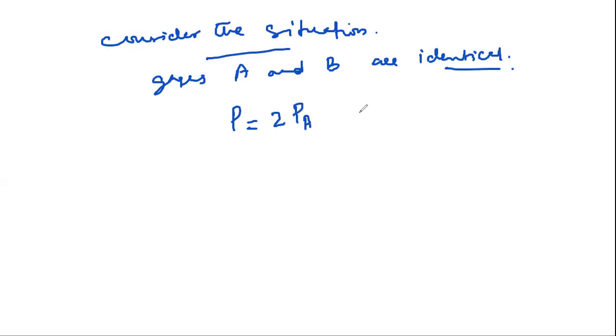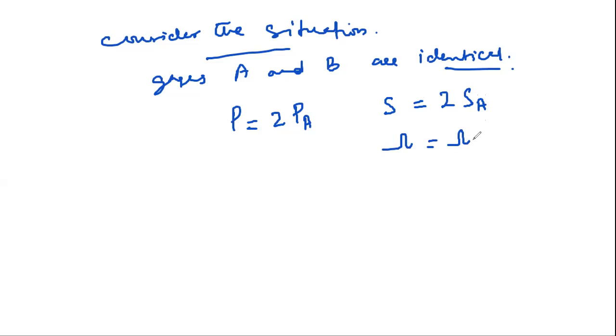We expect the entropy of the mixture as twice SA. We expect similarly the sigma, as I told you, the product; when it is a product, it will become a square, right?